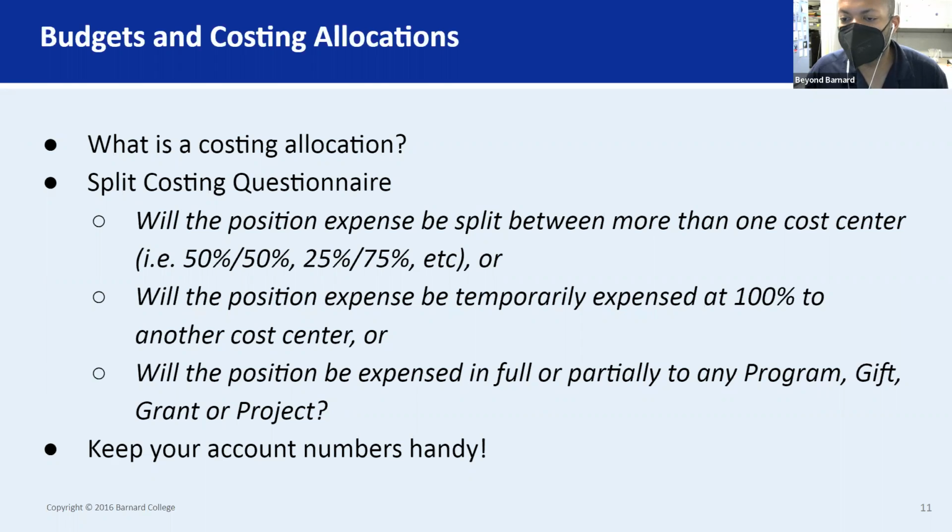That last question is one that is really important and pretty typical for lots of supervisors, as we have lots of grants and programs, gifts, and projects that need to be applied to students' positions. And so if any of these questions apply to you, you'll need to check yes on that questionnaire. That way finance knows to apply a costing allocation. And as a note, the finance department, so Omar and team, are the ones who apply costing allocations.